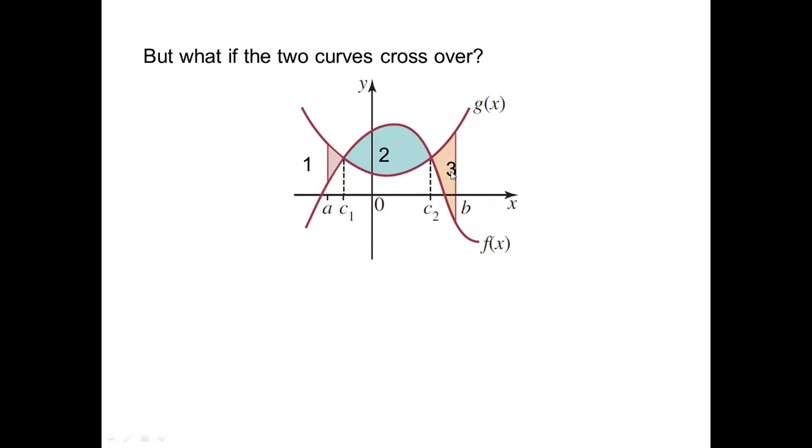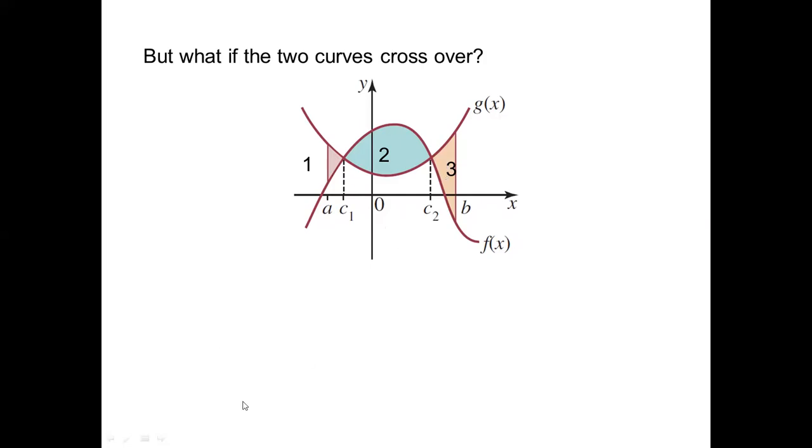Or you are to determine the area bounded by these curves on the interval from A to B. So meaning you are to determine the area bounded by g of x and f of x from A to B. So that would mean that you are to determine this area, okay? This area, number 2, and this area, number 3.